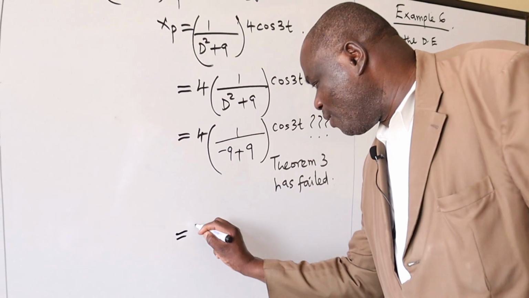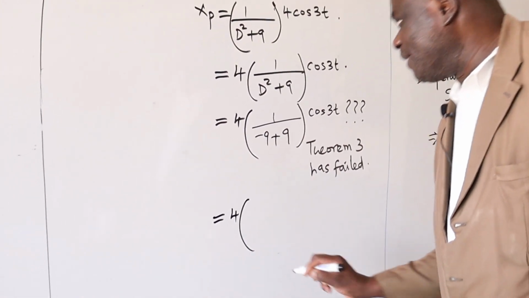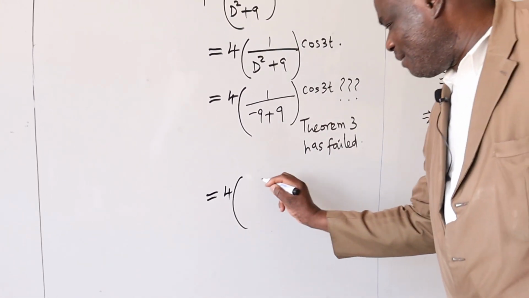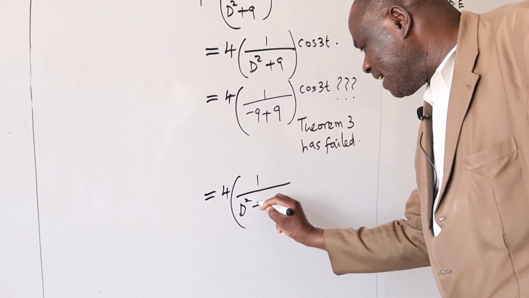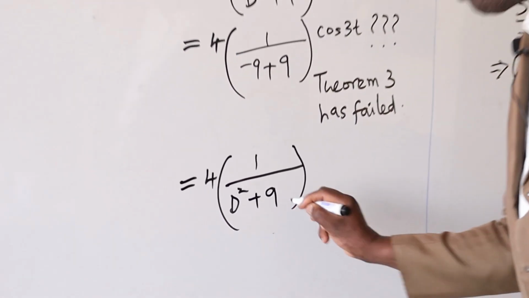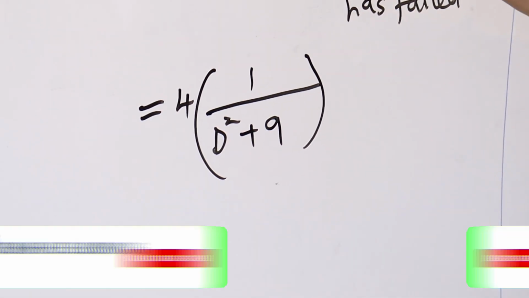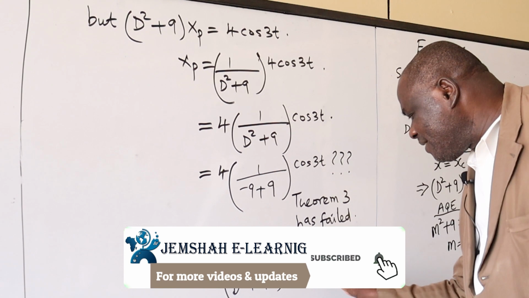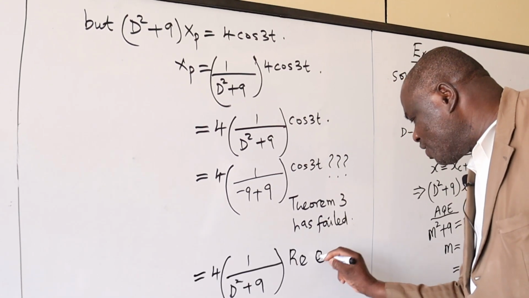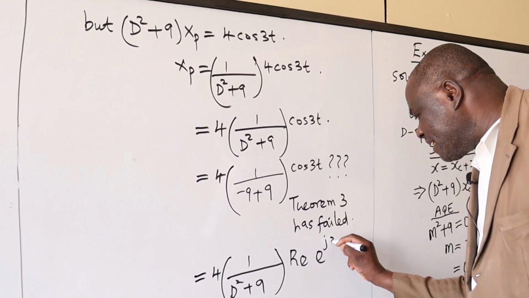If Theorem 3 has failed, we check another way of writing cos 3t. This will be equal to 4, and then we go back to where we came from, 1 all over D squared plus 9. From Euler's formula, cos 3t can be the real part of exponential j3t.